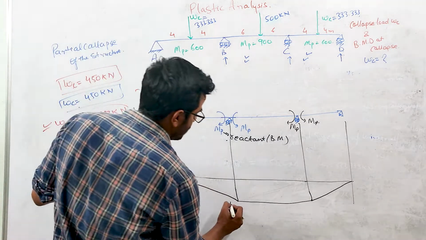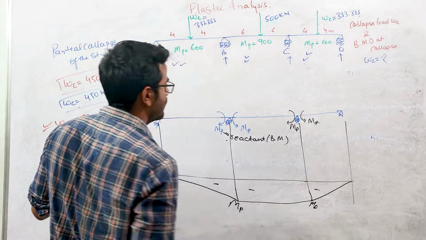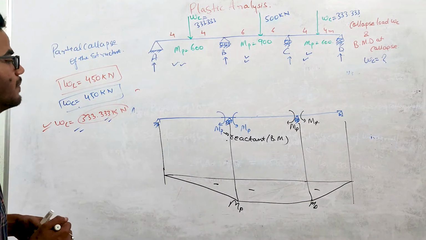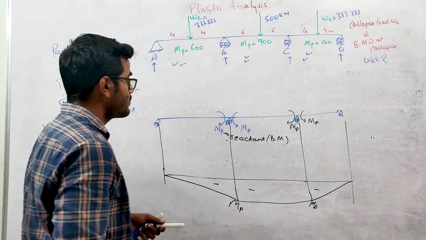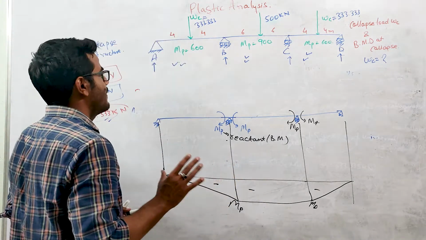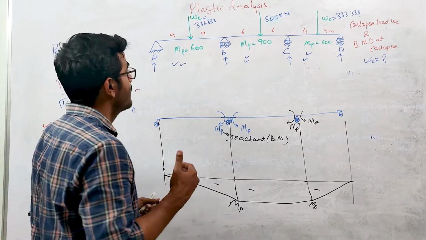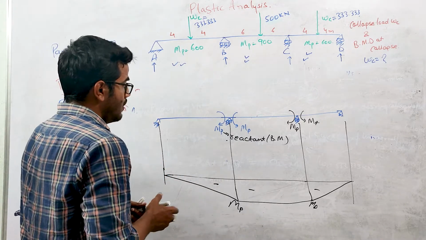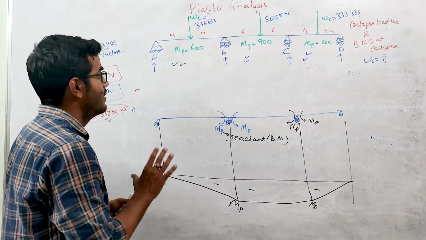This is MP, this will be MP, and this is hogging moments. This will produce hogging in the beam, so that's why they are negative, right? So what I did over here is something we have already discussed, a static equilibrium method.